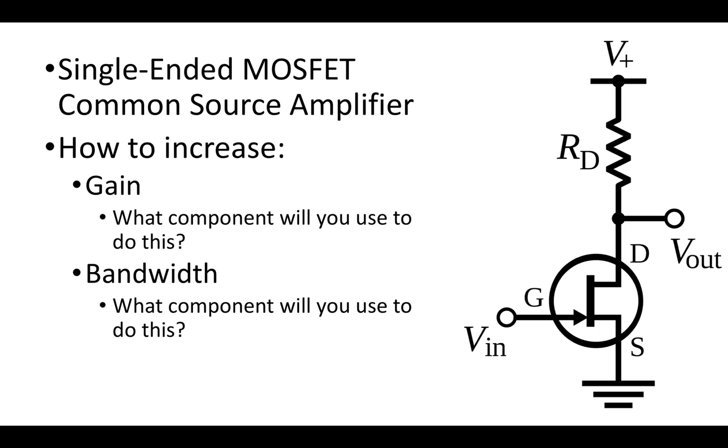This also makes our R0 of the MOSFET decrease, and from that gain decreases. And the component that we would change in order to increase the bandwidth is to decrease the width, which decreases the capacitances and makes the frequency increase.